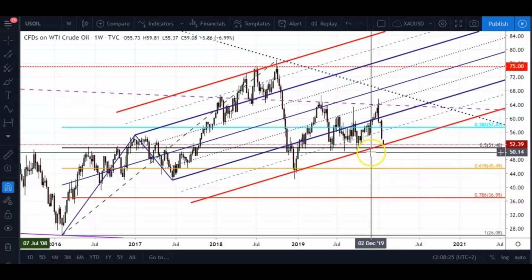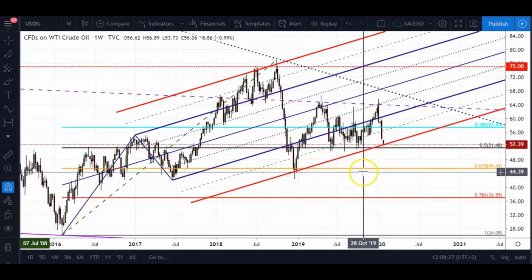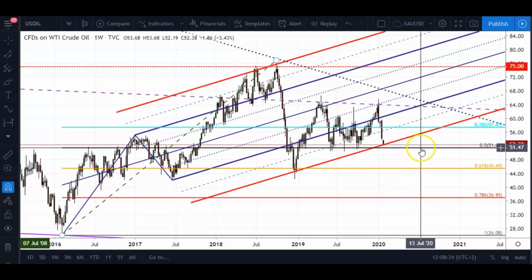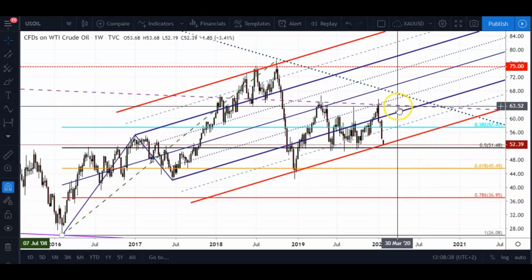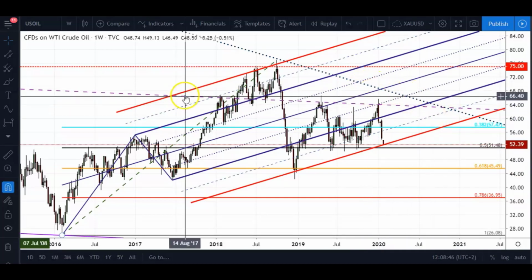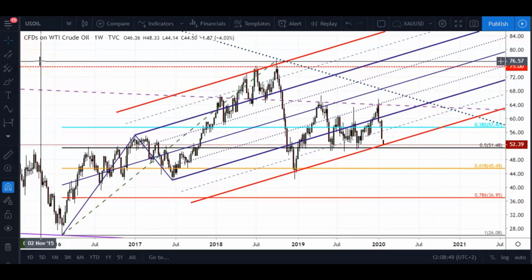Ideally, if I do see a drop as low as this level here, then I'll definitely be sitting up and start seeing if I can get into a position and trade the way up again. Just being obviously fully aware of these important levels that failed to be broken to the upside before, this long-term center channel line and this downward sloping long-term channel line that came all the way from the 2008 high.